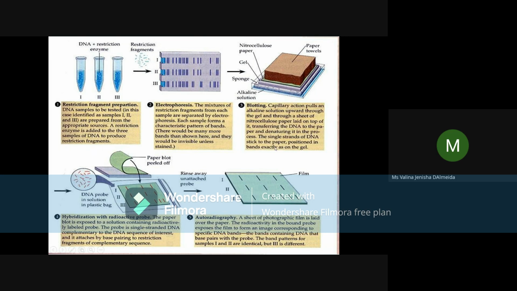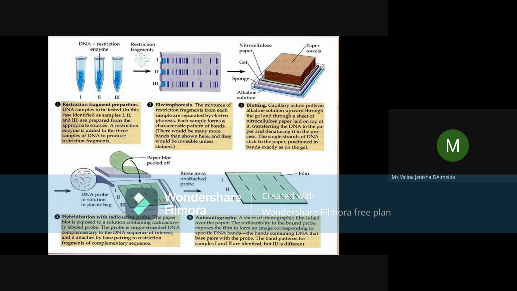Under restriction digestion, how exactly does the entire technique go? First, let's say you have three tubes, each with DNA isolated from three different strains of E. coli. After isolating the DNA from the three different strains, you will add a particular restriction enzyme to this set of tubes with the DNA.